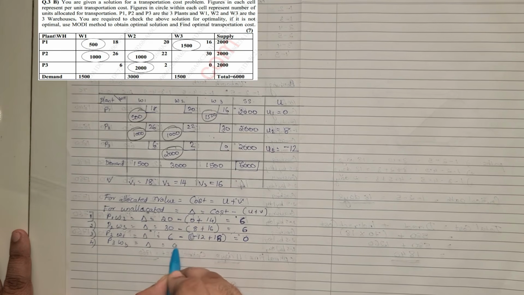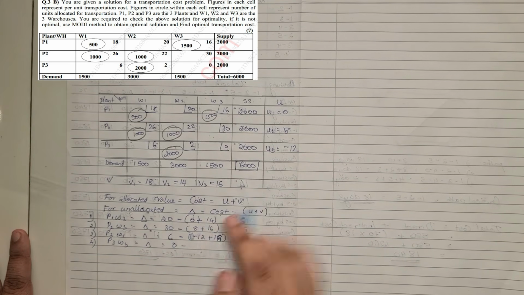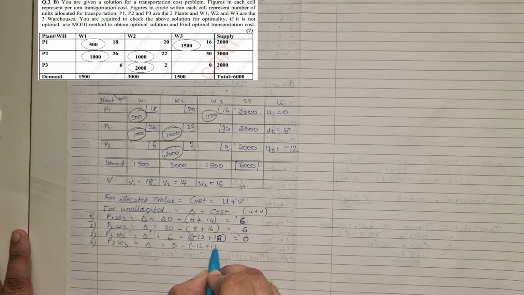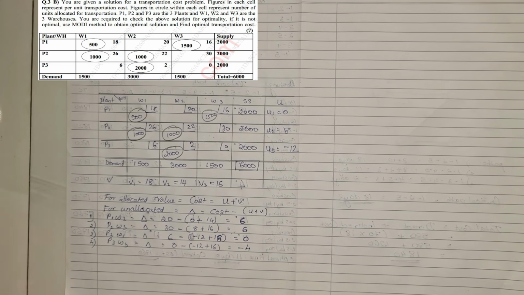Delta is equal to cost, which is 0, minus (minus 12 plus 16). That becomes 4. So 0 minus 4 is negative 4. Now with this we were able to solve the UV method.